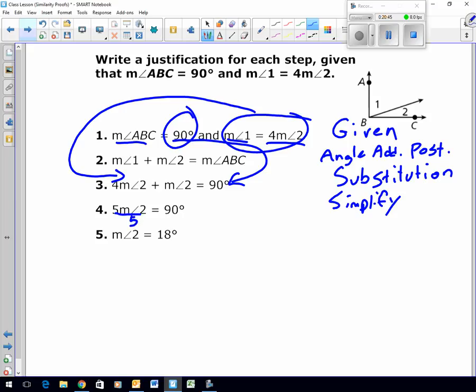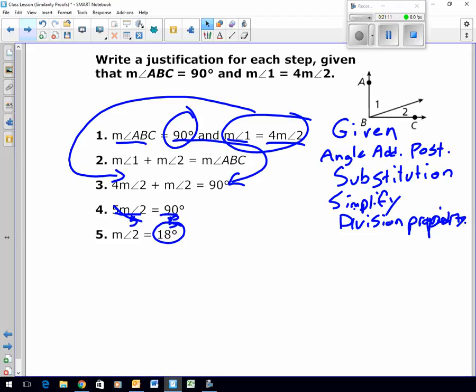If I divide both sides by 5, I'm going to end up with this canceling out and this becoming 90 divided by 5, which is 18. If you want to call this division property, you can. If you just want to say divide, you can.